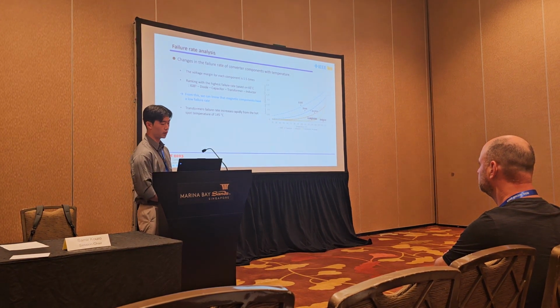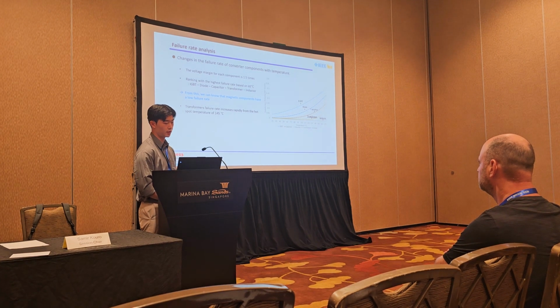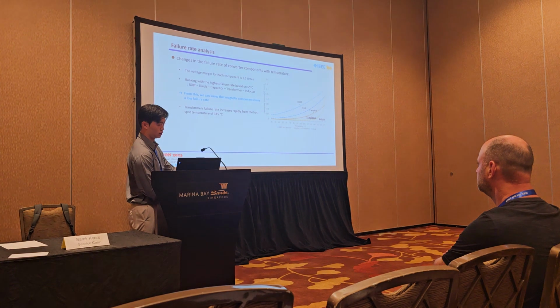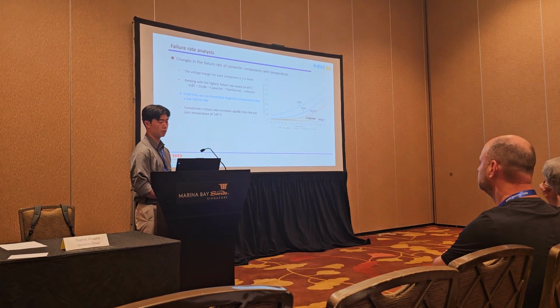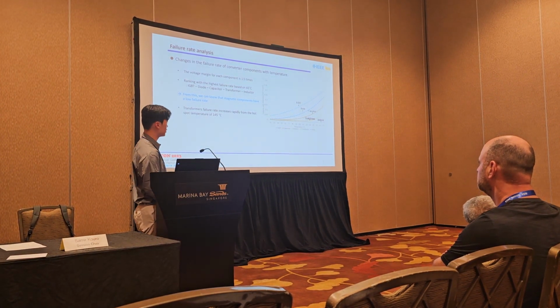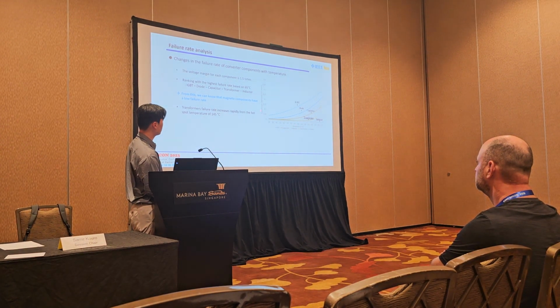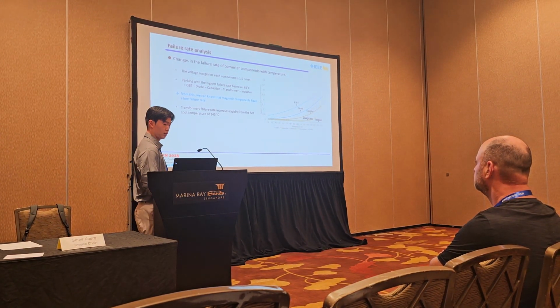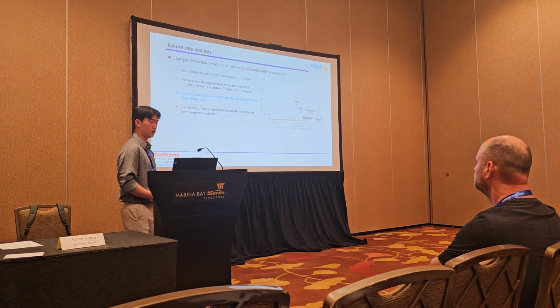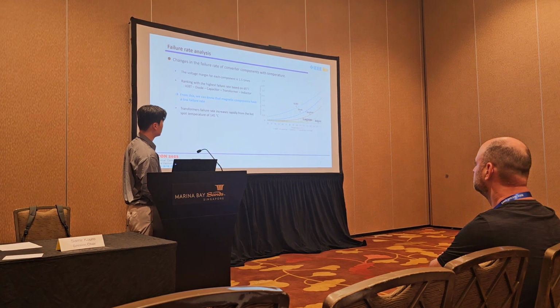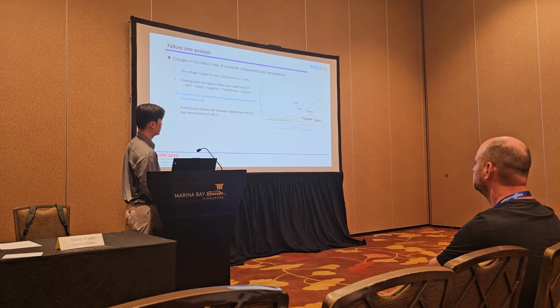Let's learn more about the characteristics of component failure rate. The graph on the right shows the change in the failure rate of components with temperature. The x-axis means temperature and the y-axis failure rate. The component failure rate is generally high in the order of IGBT, diode, capacitor, transformer, and inductor.